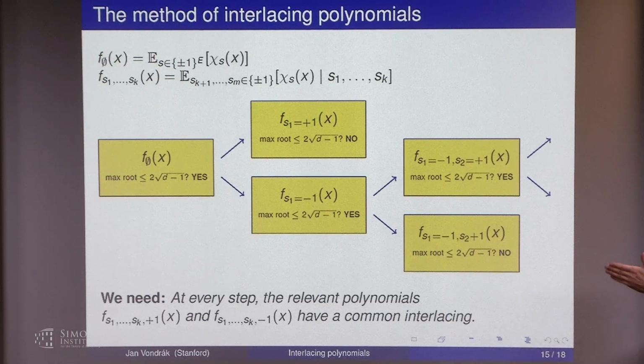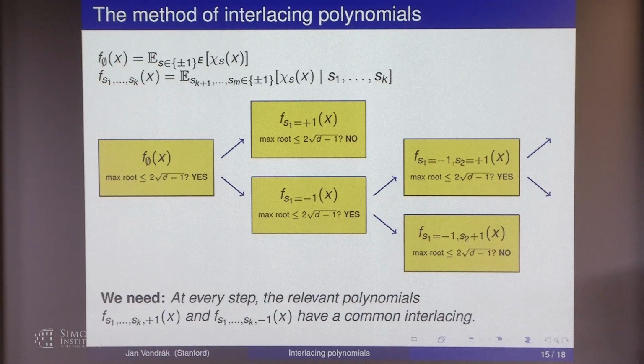And then we have these intermediate polynomials where we have fixed a number of choices. We have fixed, let's say, the first k choices, s1 through sk, to be plus or minus 1, and we take the expectation only over the remaining choices. So now, the argument of Marcus, Spielman, and Srivastava is as follows.